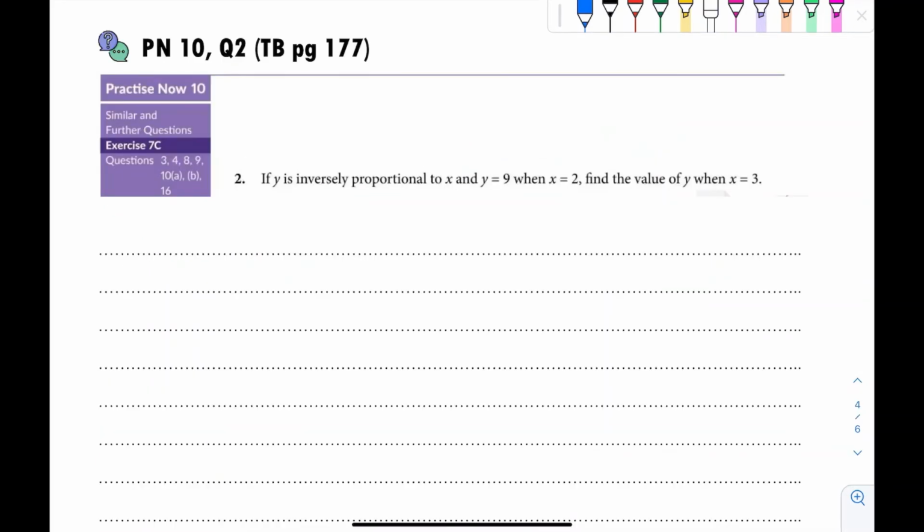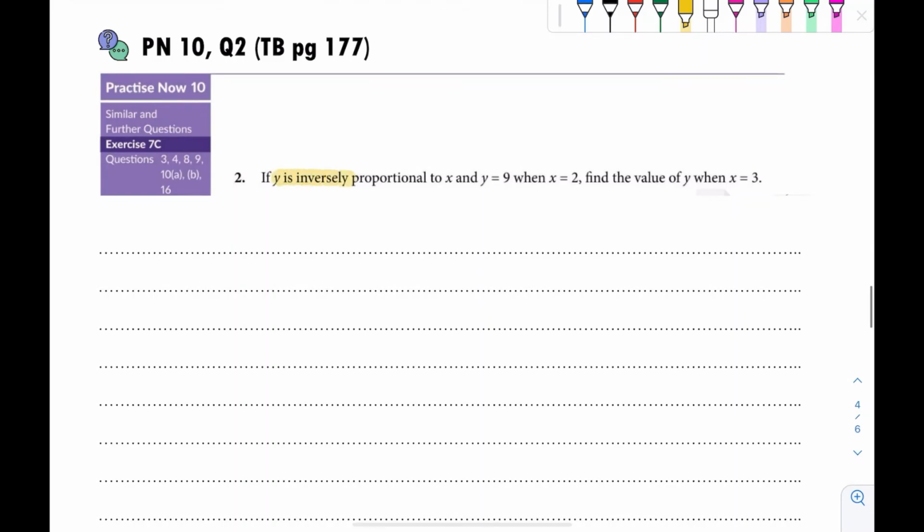Okay, and question 2. In this question, it says that if y is inversely proportional to x and y equals 9 when x equals 2, we want to find the value of y when x equals 3. So we first capture the information here, that is y is inversely proportional to x. So that means that y will have to be equal to k divided by x, because that's the algebraic representation of inversely proportional.